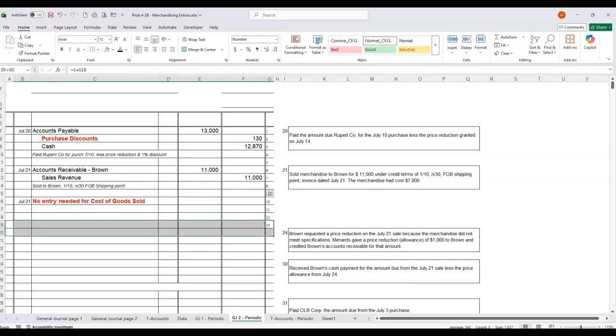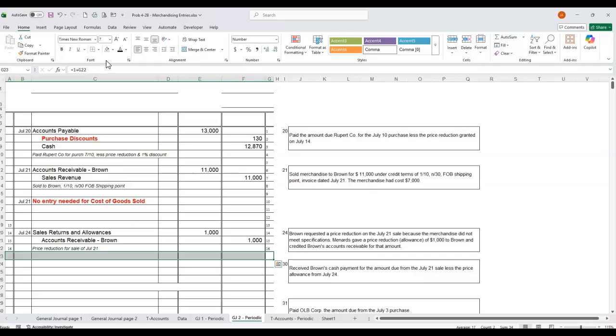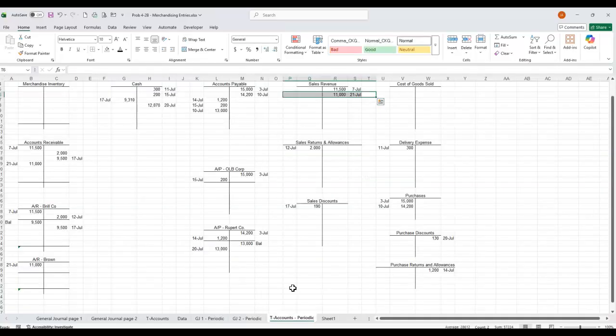All right. Brown requested a price reduction on the sale because the merchandise didn't meet their specs. So we're going to give it to them. This is an allowance and not a return. So we're just going to debit sales returns and allowances and credit accounts receivable Brown.